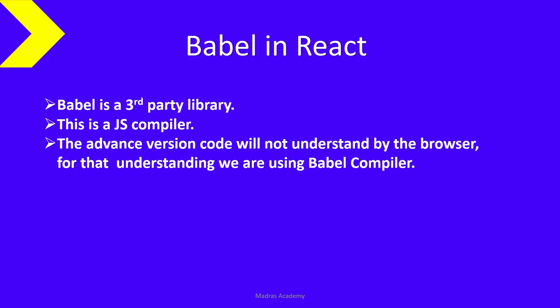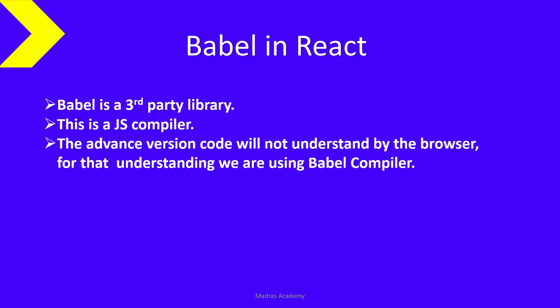What is this Babel? It is a third-party library. This is a JavaScript compiler. The advanced version code will not be understood by the browser. Browsers understand only JavaScript, HTML, CSS.